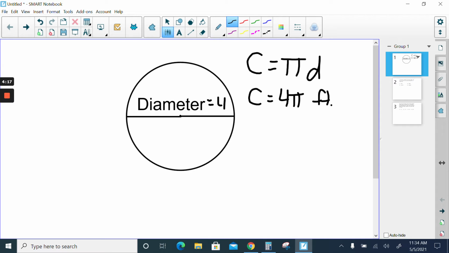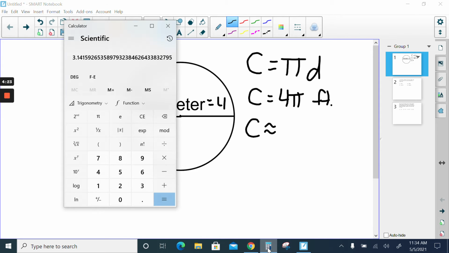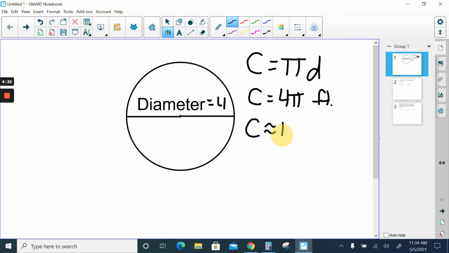Super easy. Or I could approximate this using any one of our measurements. I'm going to use 3.14 just to show you how that is going to look. 3.14 times 4 approximates my answer at about 12.56 feet.